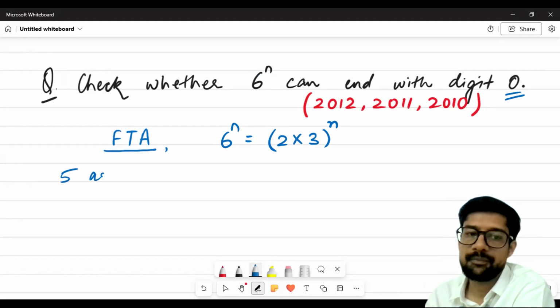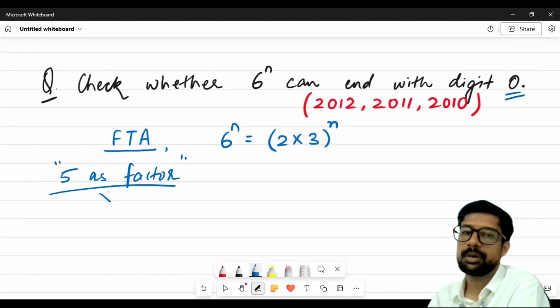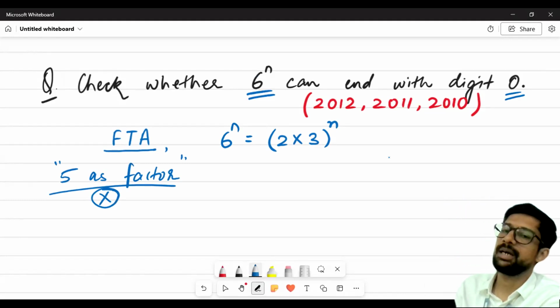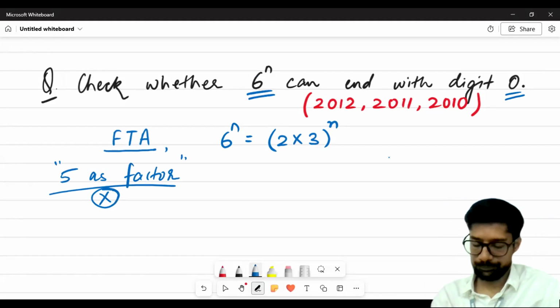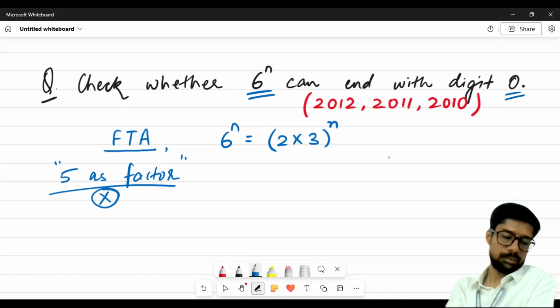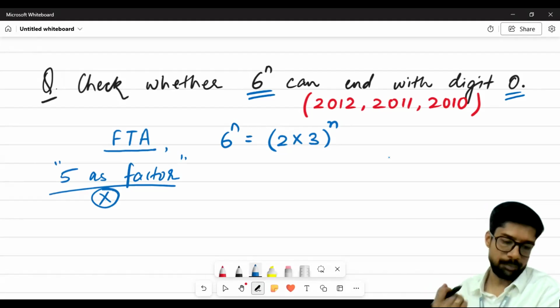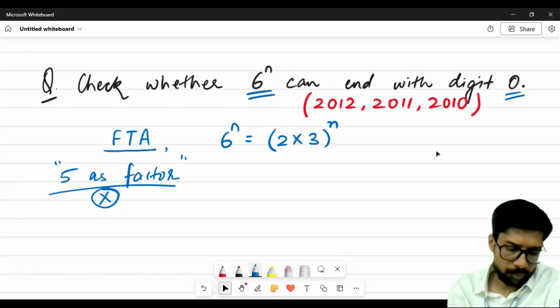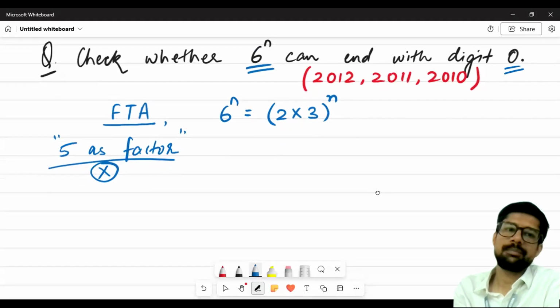So that particular number can never end with the digit 0. So this particular one is also keen importance. It will also be asked in a range of 2 marks. Just a 2 mark.